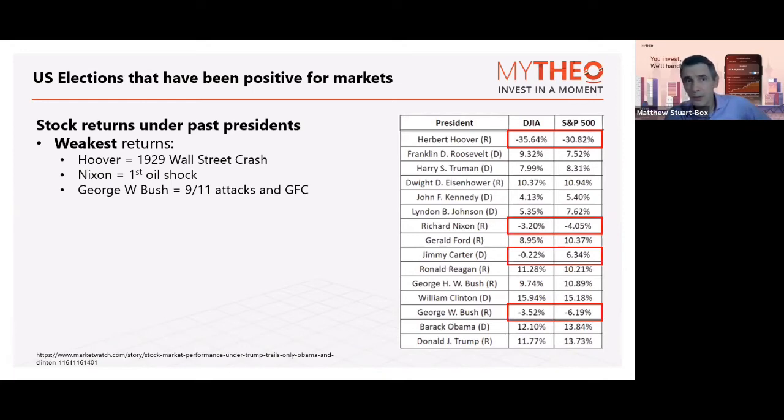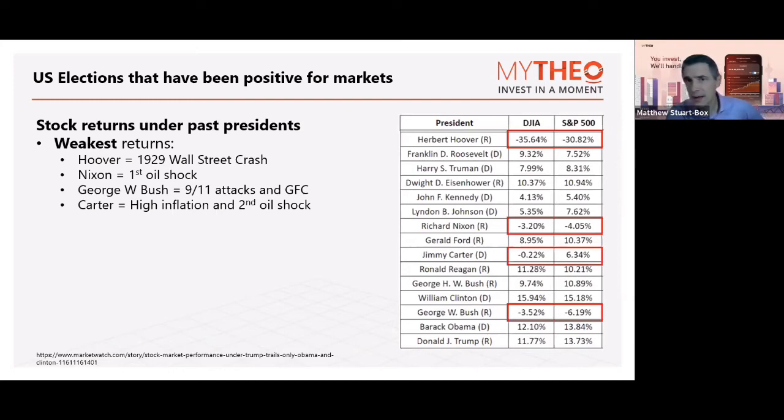George W. Bush with two big events, 9/11 and the Lehman shock or the GFC. And then President Carter, who had a combination of high inflation and an oil shock. And so you can see these presidents have had to deal with big external shocks.